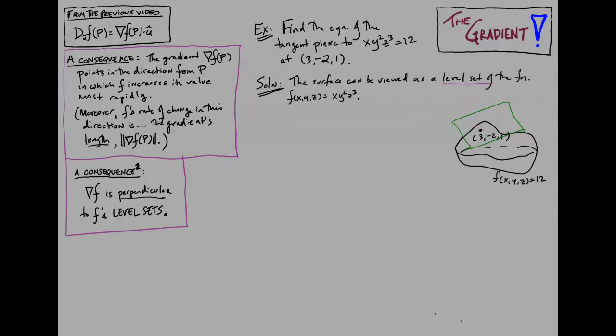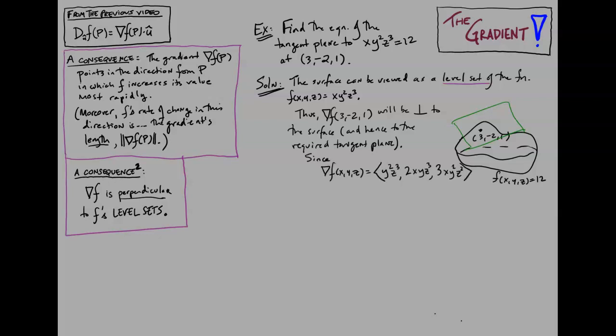Let me write this down. Thus, the gradient of f at (3, -2, 1) will be perpendicular to the surface, and hence to the required tangent plane. All that's left now is to compute this thing and then write down the equation of the plane. As you can confirm on your own, the gradient of this function is this expression right here.